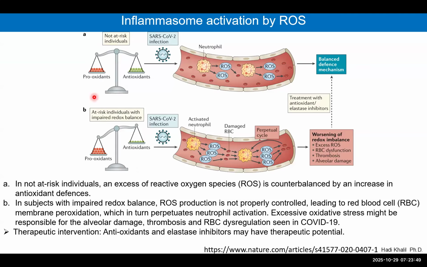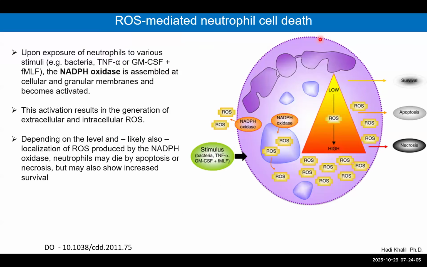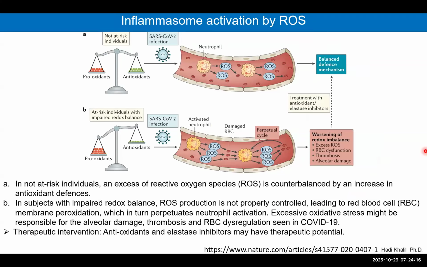However, in this person here, the amount of the antioxidant is not going to be in favor of these neutrophils. And therefore, you will have the scenario where the stimulus is going to induce this neutrophil to generate more of the reactive oxygen species. And you can see as you go down, the more ROS, the more chances it's going to die. And therefore, this person will have a hard time fighting against the COVID-19 compared to that one.